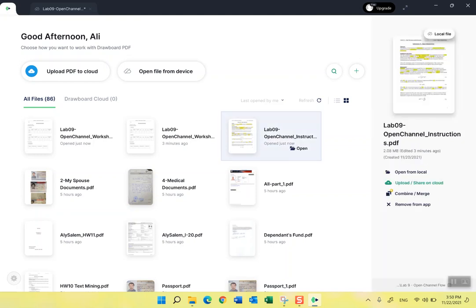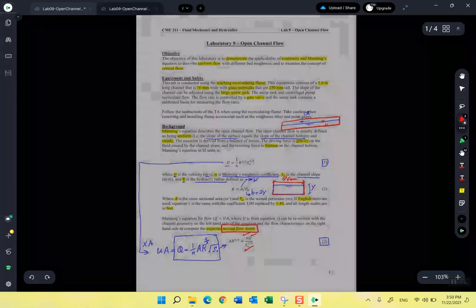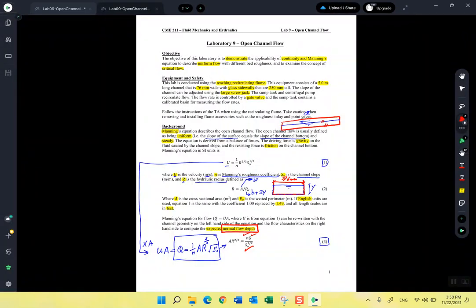But there is a very tricky thing here that you should consider. Your answer was great actually, but in the actual situation, the Manning coefficient for this experiment, for the flume that we have here, should change. If you wrote that it shouldn't change, your answer was correct.